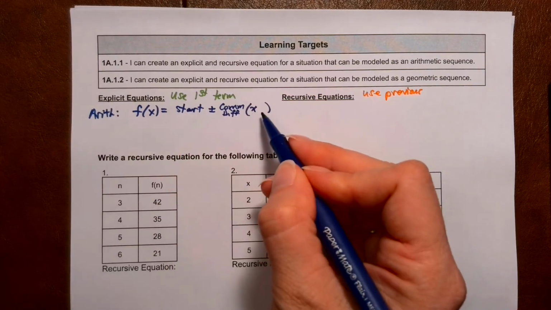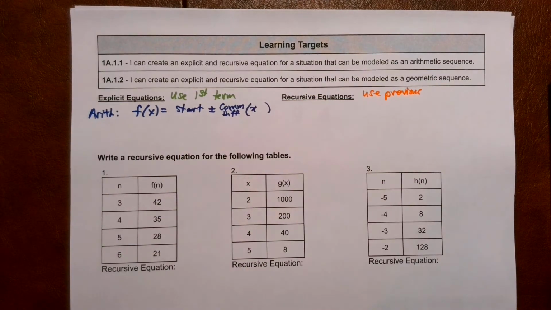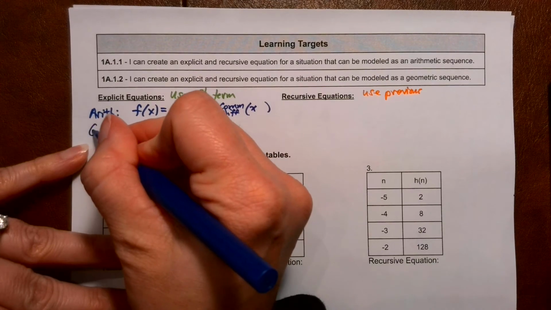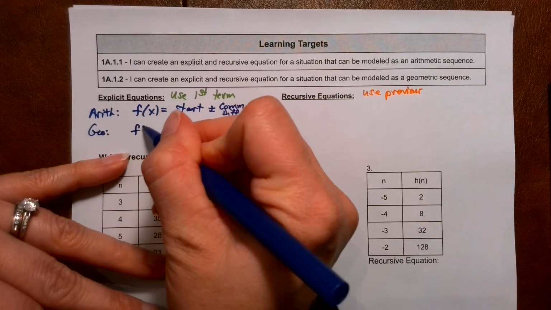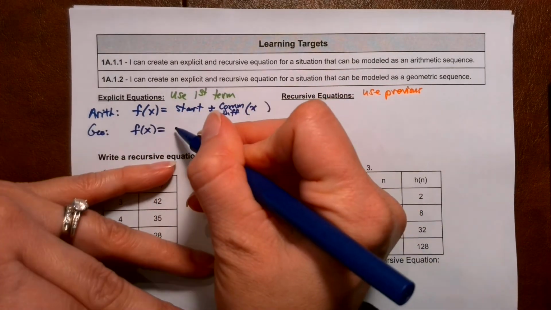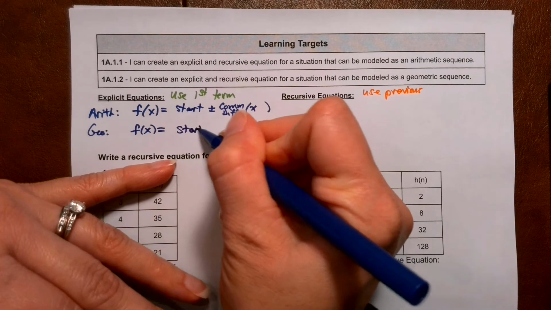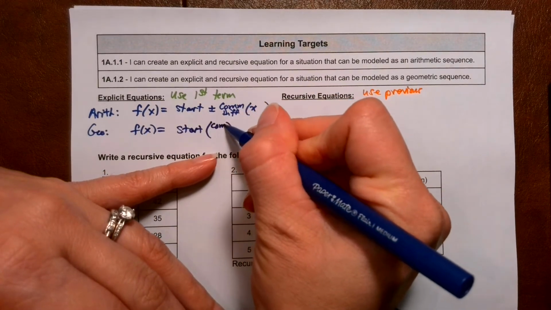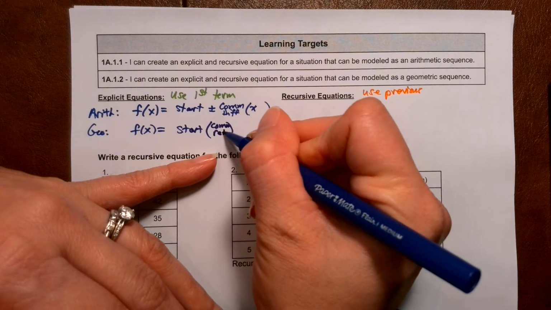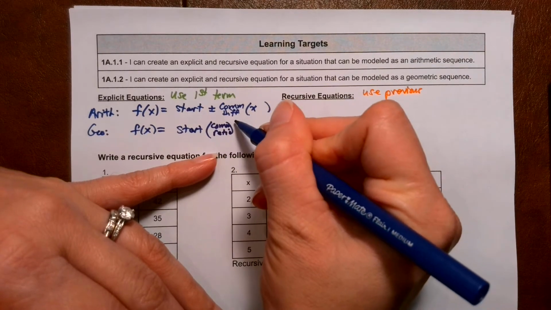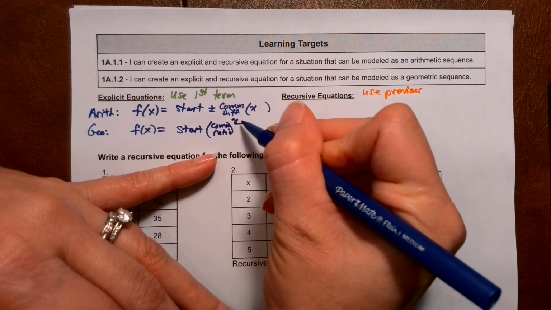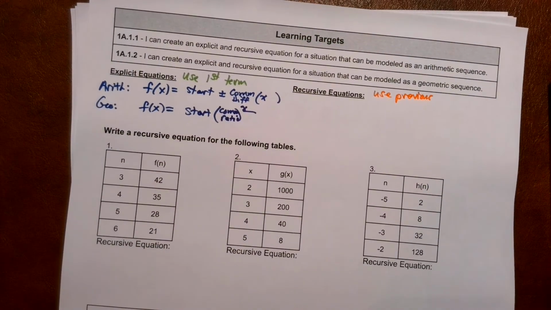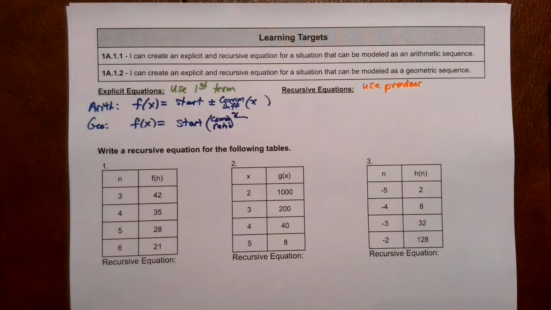But the x might have plus or minus depending on the starting number. For geometric, it's very similar. f of x equals, you have your starting number, but now we're going to multiply by the common ratio, and then it's to the exponent of x, and it might be plus or minus a number. So that's how you do explicit equations.